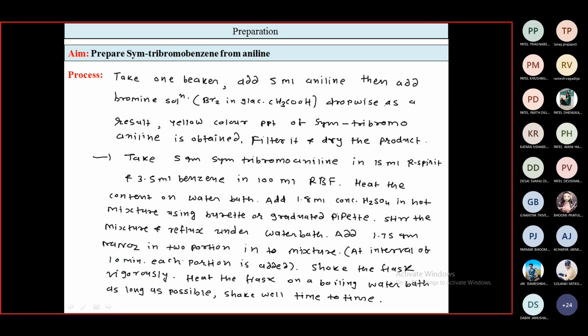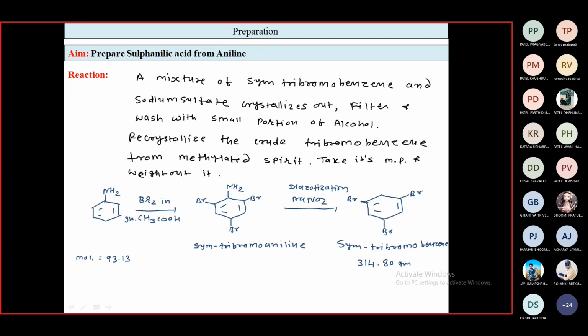You have started the reaction with 5 ml aniline, that is 5 gram. So 93.13 gram reactant will give you 314.80 gram product.